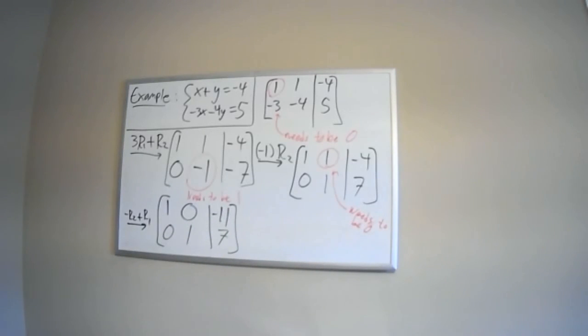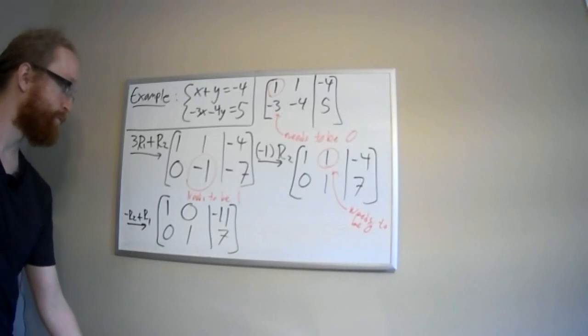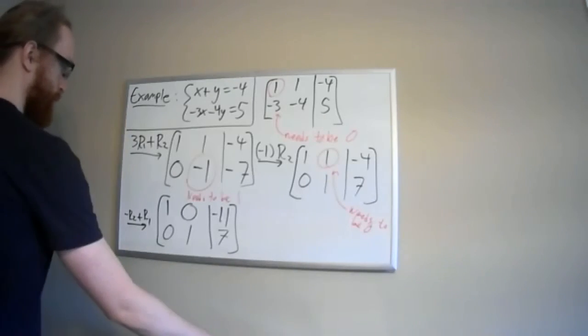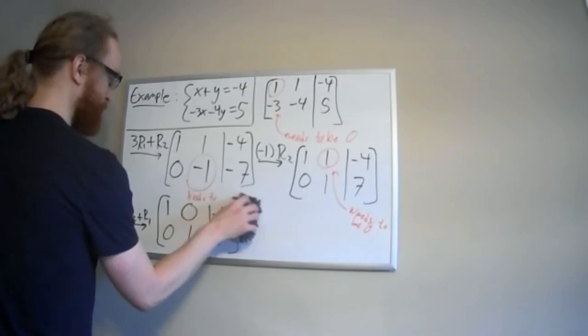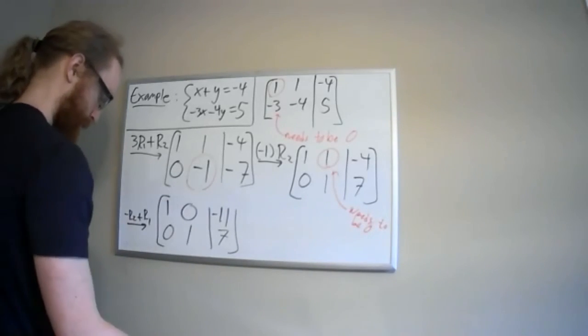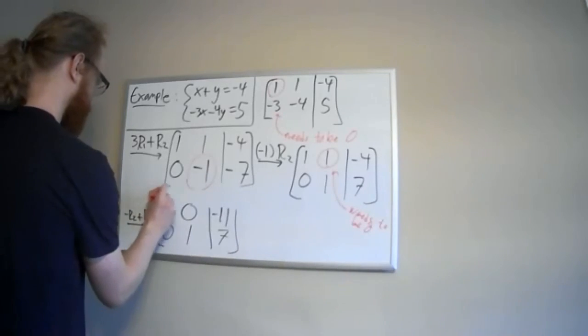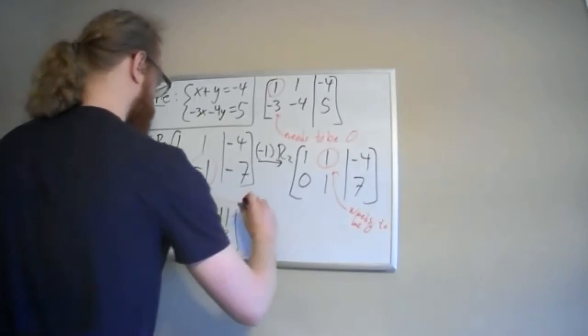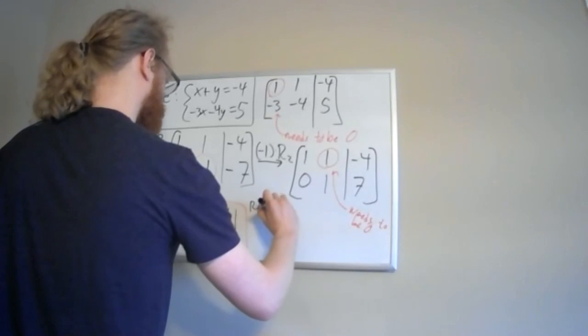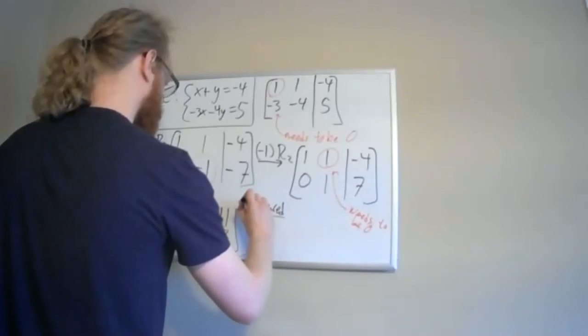And this is actually my final matrix. I will tell you that this is what we're going to call reduced. This is an example of a reduced matrix. I'll give you an explicit definition of reduced in a second.